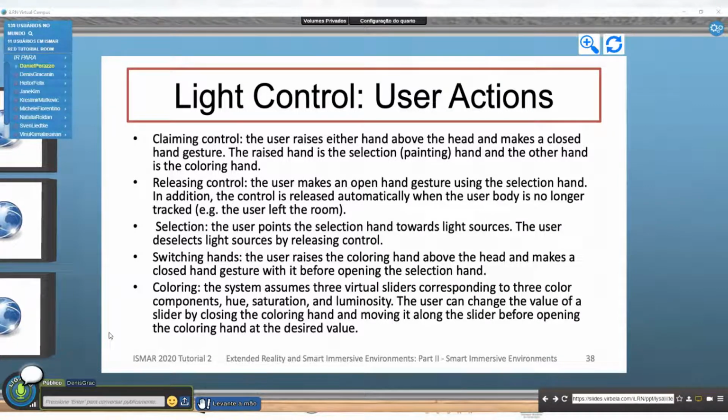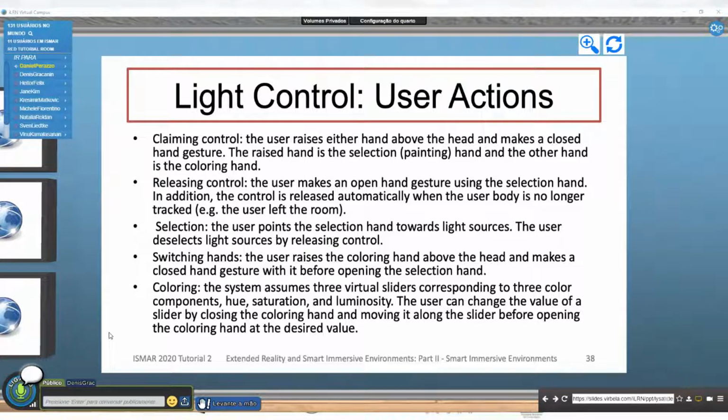Then we have selection. In other words, the user points the selection hand towards light sources. After control was claimed, we can now select individual light sources. Then the user can switch hands and do coloring.